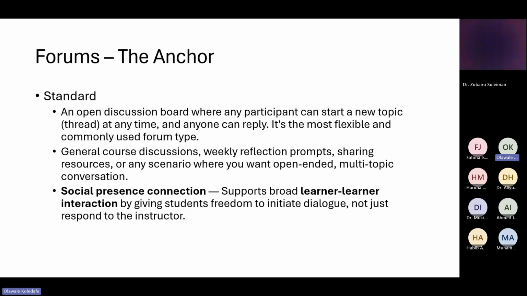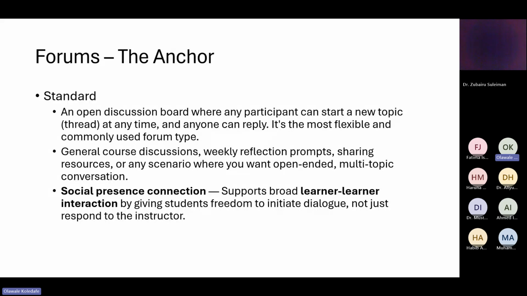It fosters social presence and connection. It supports broad learner-to-learner interaction by giving students freedom to initiate dialogue, not just to respond to the instructor. So students can also create their own topic of interest, and then other students can engage.